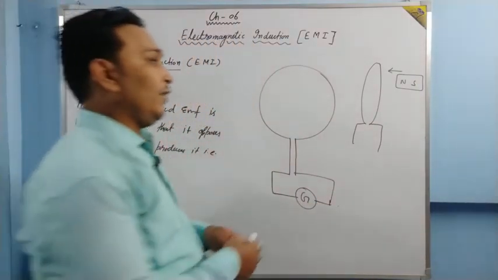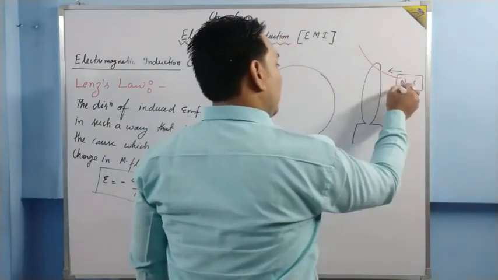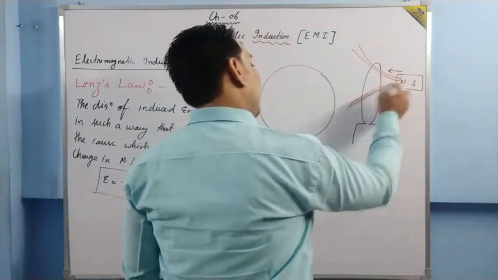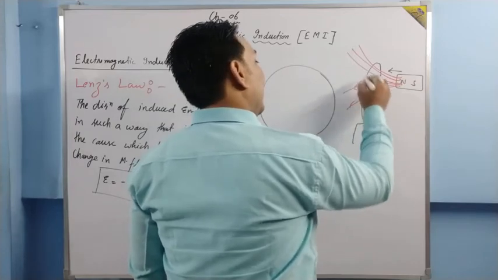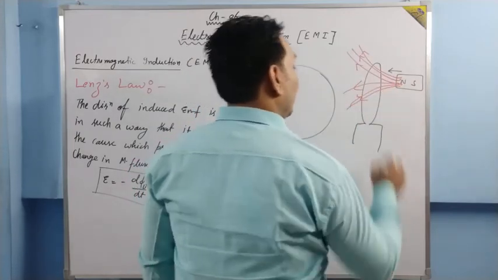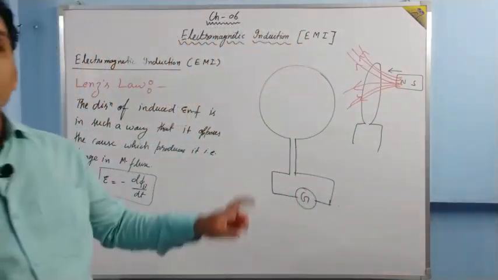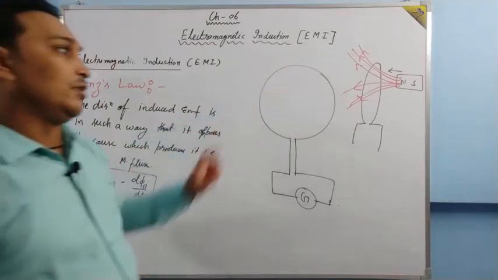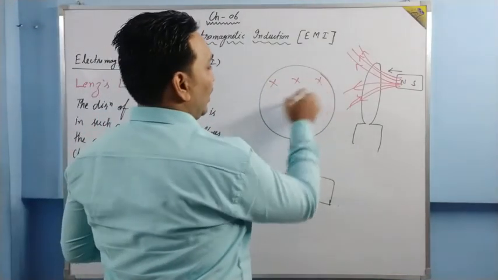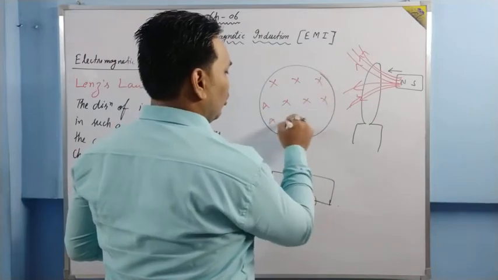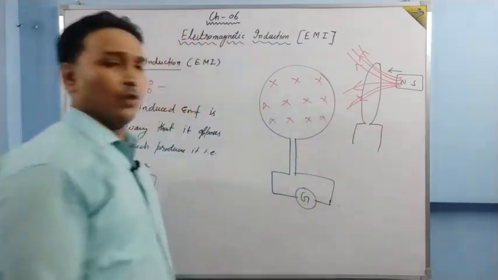The magnetic field which is passing through the loop increases. What is the direction of the magnetic field? The direction is somewhere like this. It is not uniform, not at all.